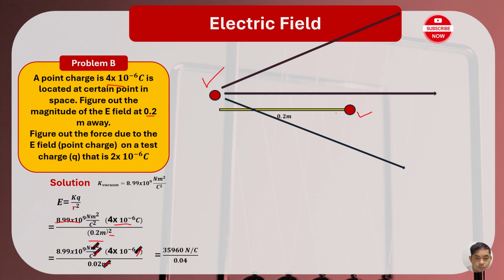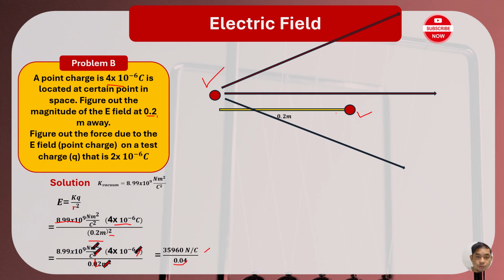In the numerator, you will have 35960 Newton per coulomb. Oh, hold on, I'm very sorry. In the problem, it's 0.2, it's not 0.02. So you will have this correct answer here in the denominator: it's 0.04.